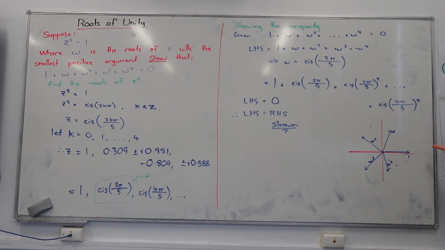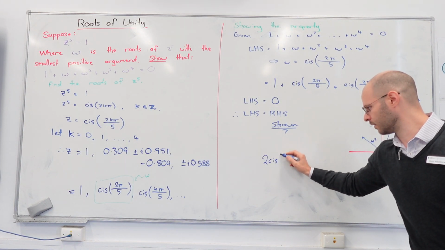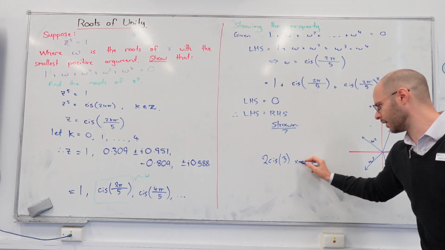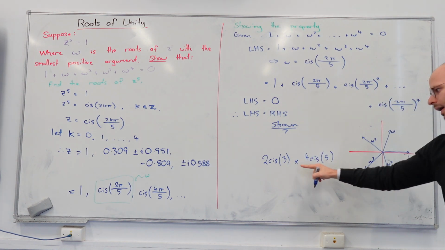The thing is, whenever we're multiplying complex numbers together in polar form, it's a lot easier to see. Do you remember if we multiply, let's go 2 cis 3 times 4 cis 5, what happens?